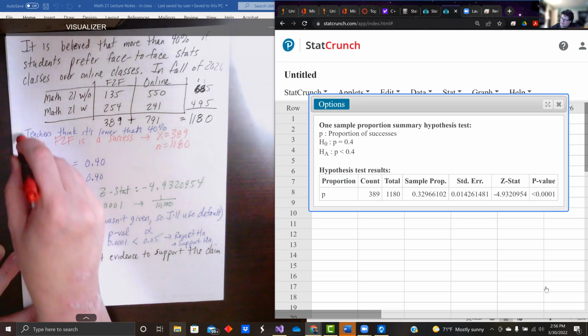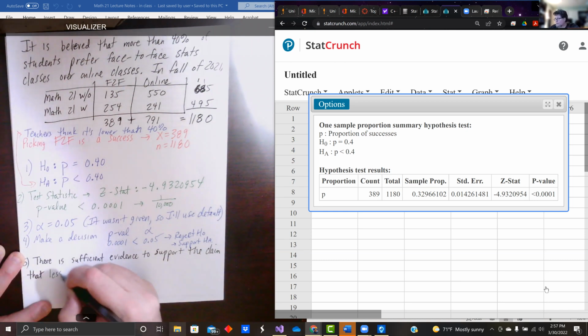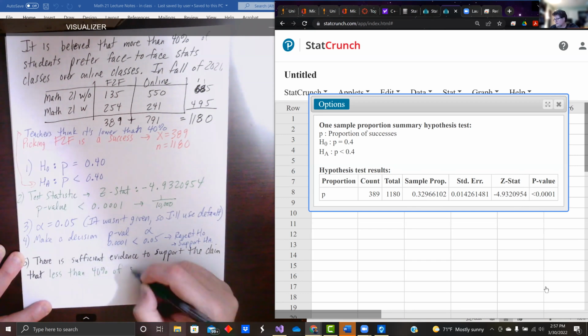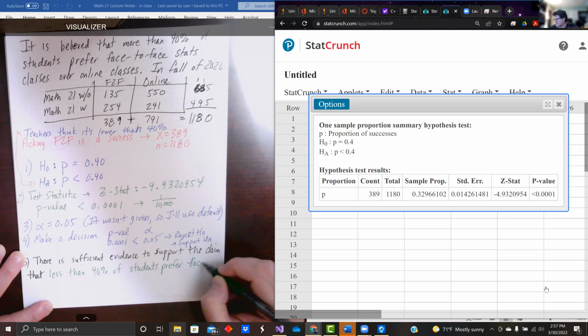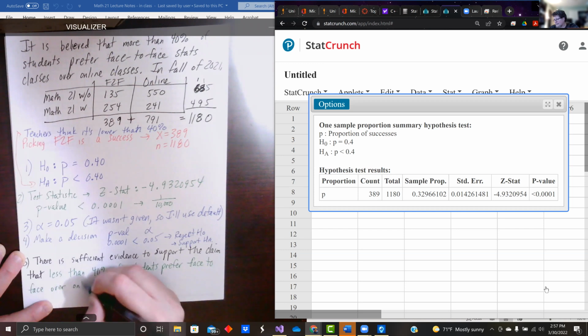HA was teachers think that it's lower than 40%. I'll merge some of what came before with that. There's sufficient evidence to support the claim that less than 40% of students prefer face-to-face over online for stats classes.